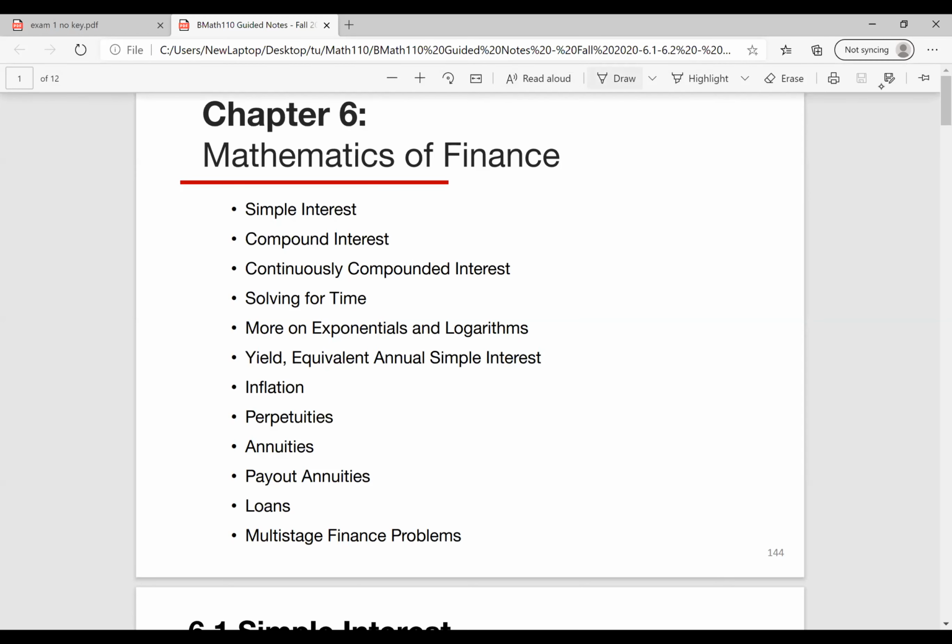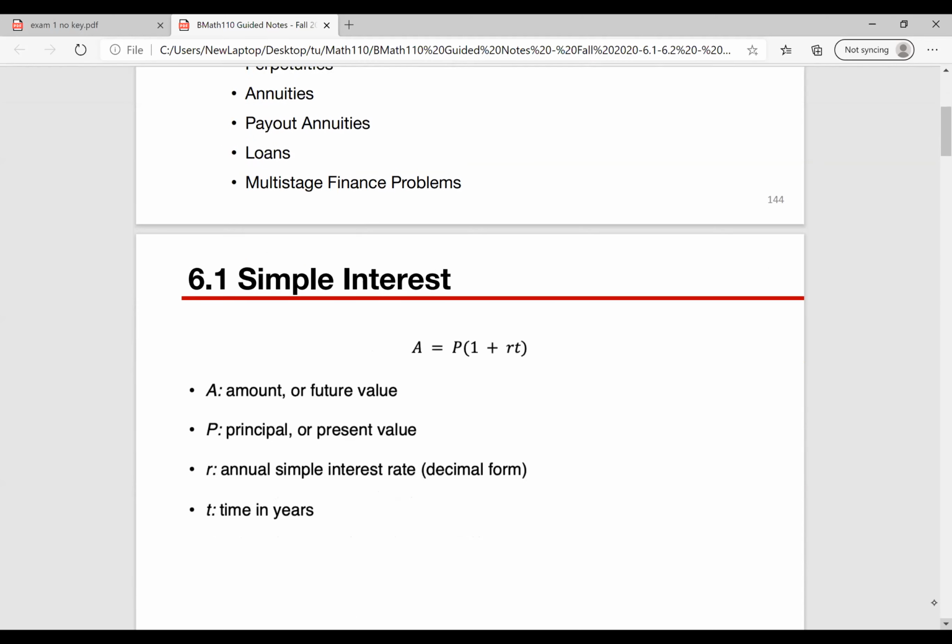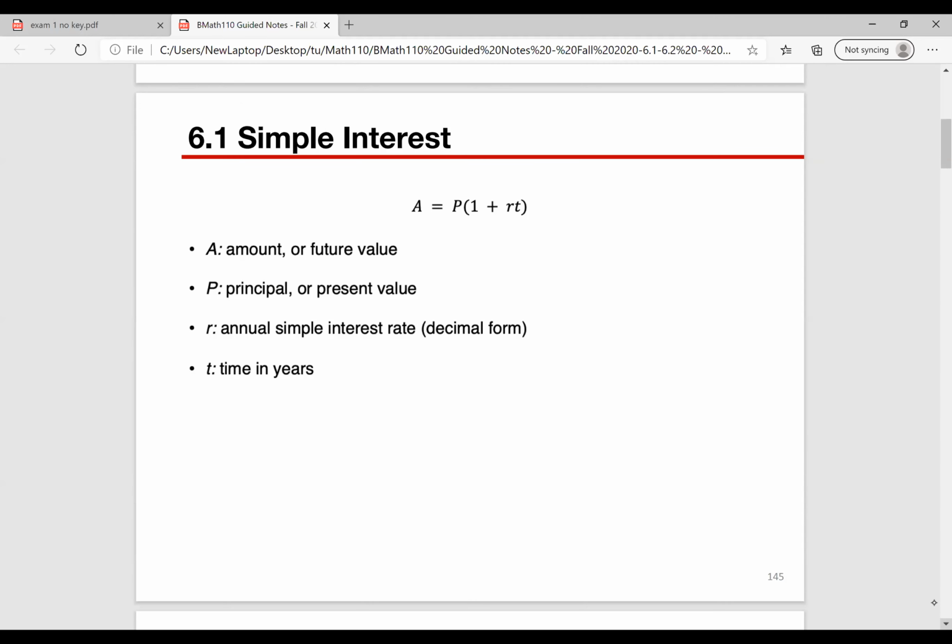So let's go ahead and talk about section 6.1, simple interest. Simple interest is based on the formula A equals P times (1 plus RT).